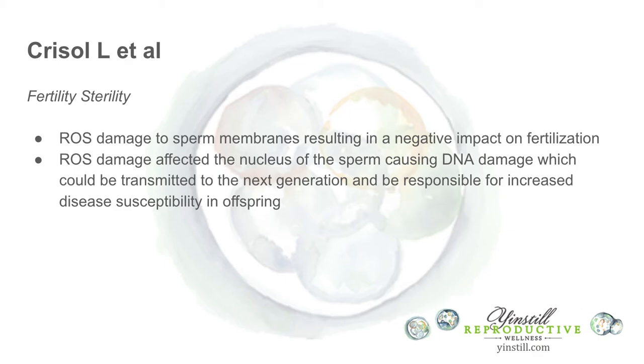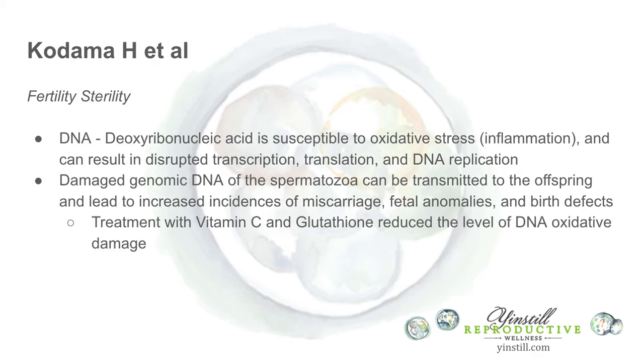Kodama et al., also published in Fertility and Sterility, state very similar findings: DNA backbones are susceptible to oxidative stress, inflammation, and peroxidation of these structures can cause strand breaks and cross-linking of the DNA and result in disrupted transcription, translation, and DNA replication.